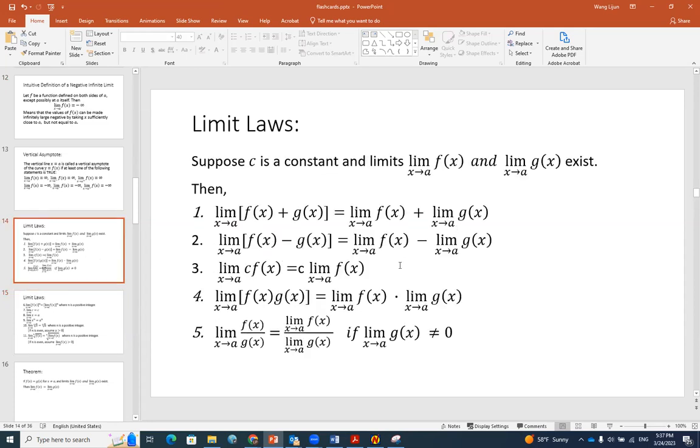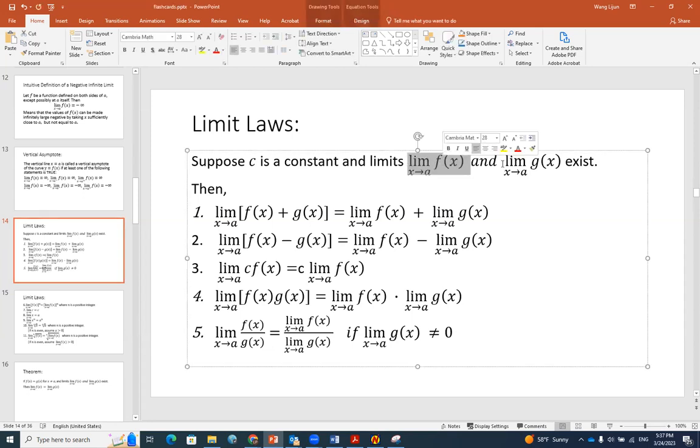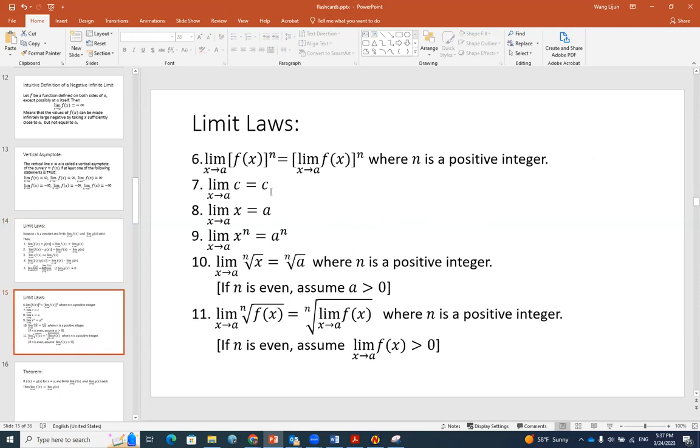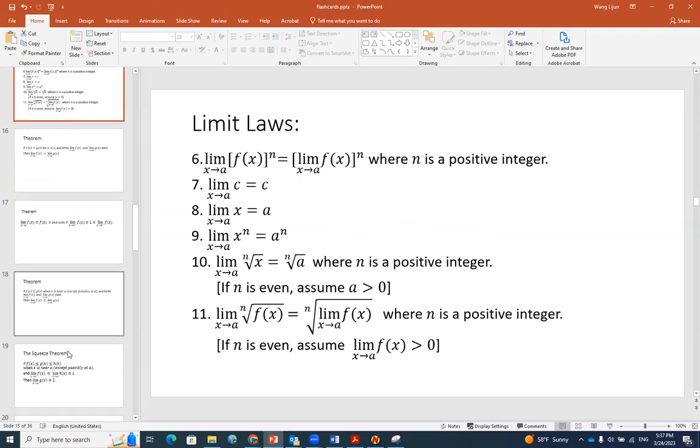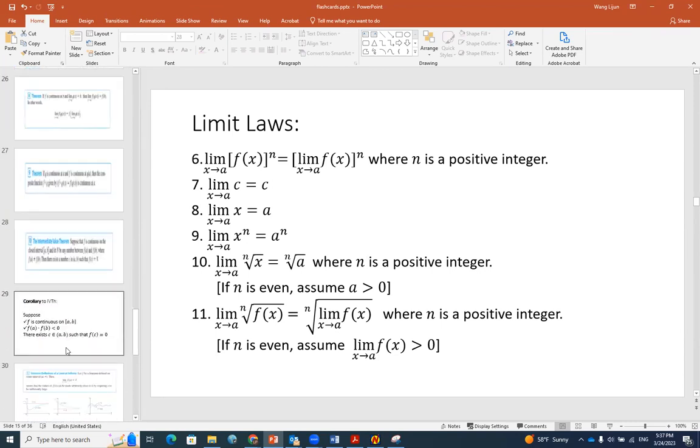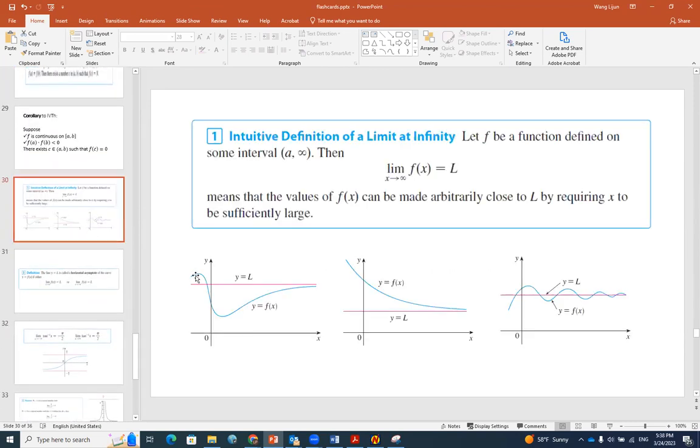We emphasize the importance that before we can use these limit laws, the individual limits must exist. We need to verify that these limits exist before we can apply the laws of limits, where we have so many of them, right? We have also studied the continuous function. So at this moment, we're going to study the limits at infinity.